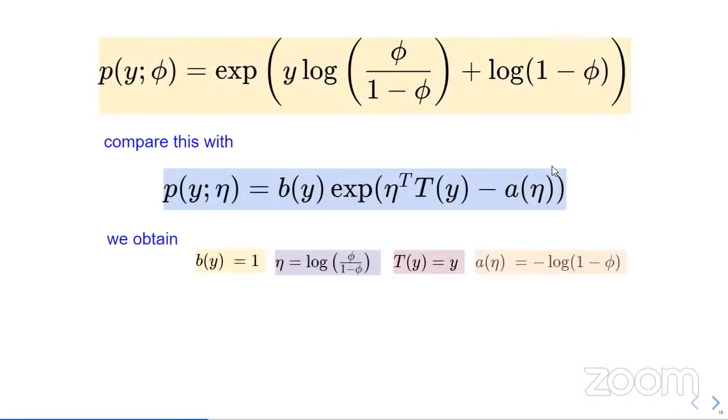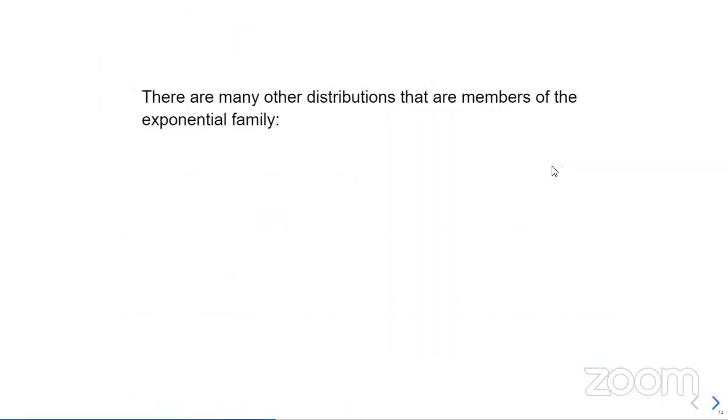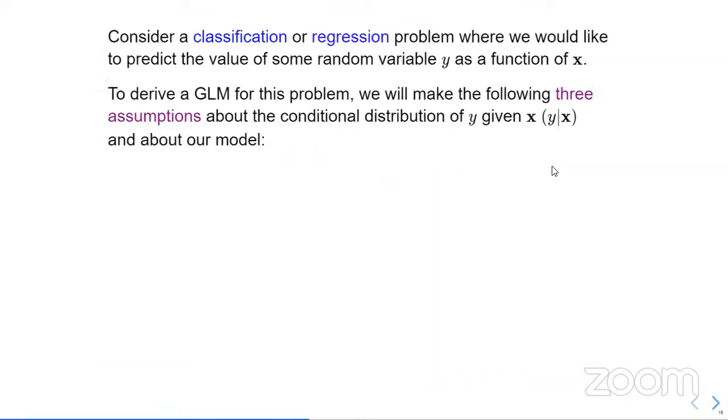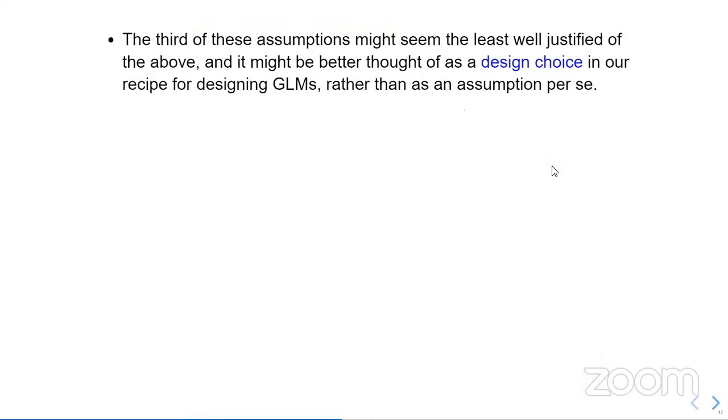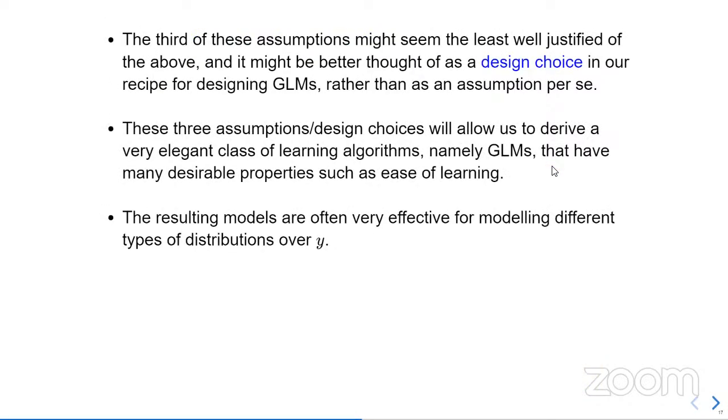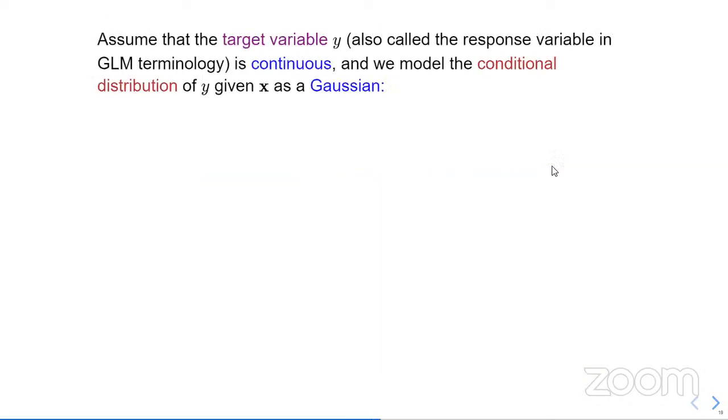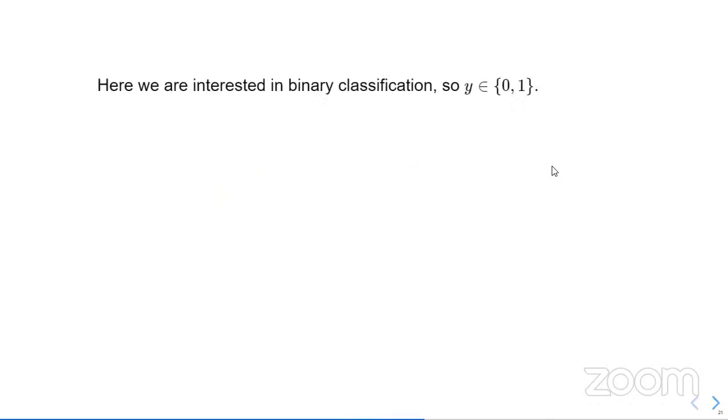There we have defined the link function and response function. Sir, there is another slide, I think. There are two parts of the slide. You have opened only one part.